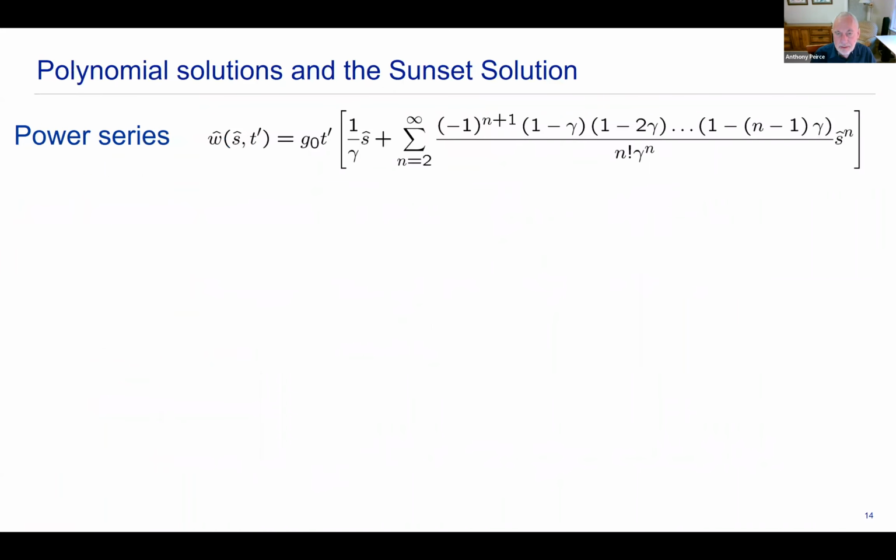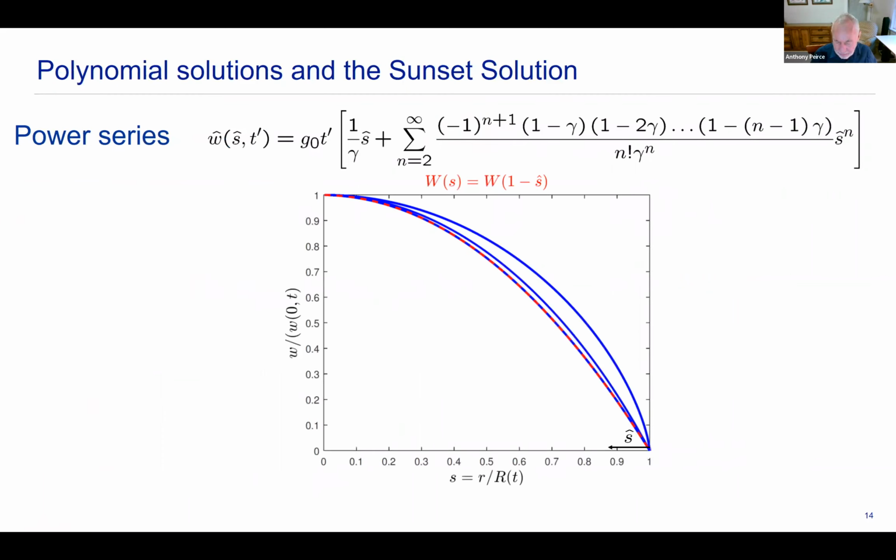So we start with a power series solution, and just to recap, W of S is G naught times the square bracket here.